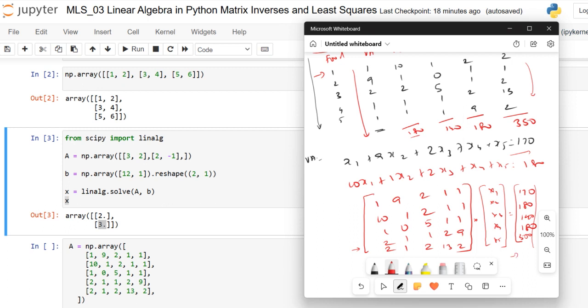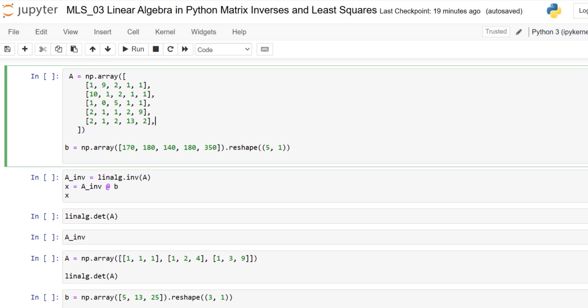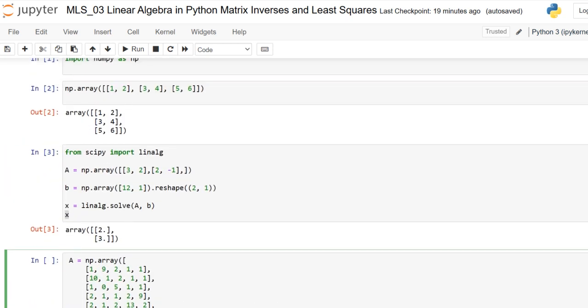Now let me find the quantities from x1 to x5 by applying this. This is how the exact expression is available. I have already given it here, and kindly observe how this is expressed. We have already included numpy, and for linear algebra we use SciPy, which has been imported previously.